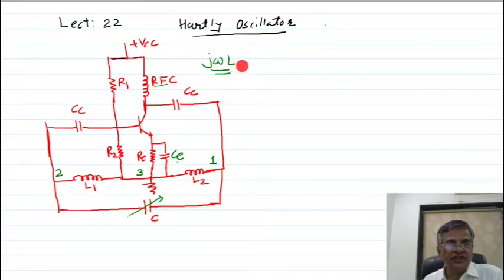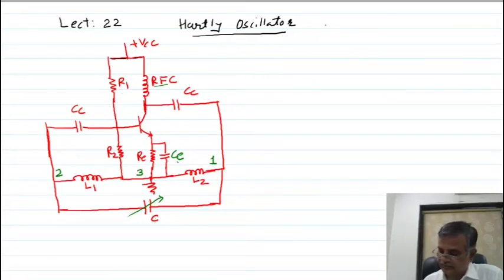So the reactance offered by the RFC is very high. So this AC current cannot reach the power supply. Otherwise, the power supply may be damaged. So this prevents the power supply from getting short circuited by the high value of AC current coming from the collector.